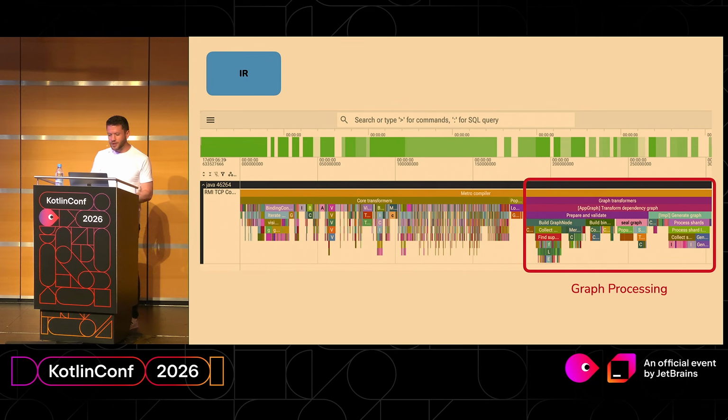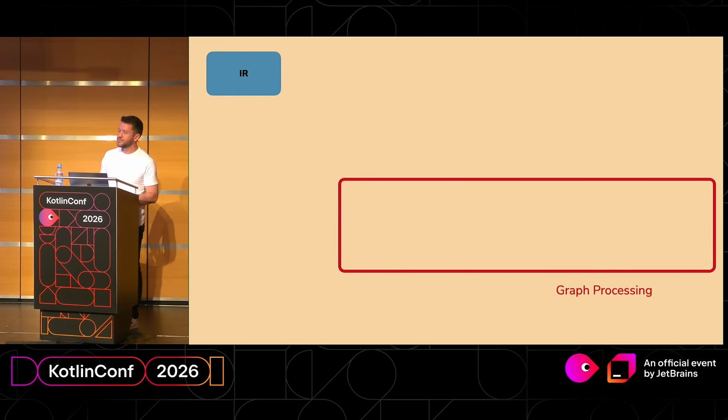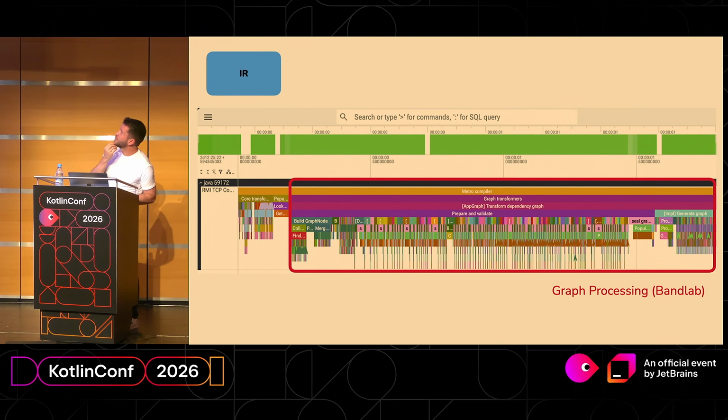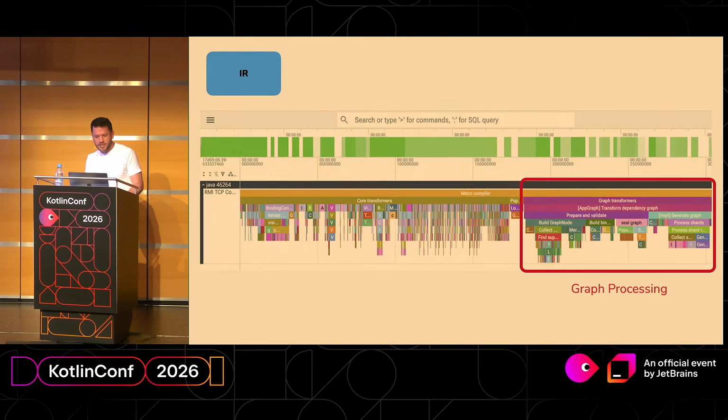But if you go into a big app, so this was generously sent to me by BandLab and used with their permission, there are like 1,000 modules in their project, and you'll see that graph processing absolutely dominates most of the work in here. This is also where all the deep validation Metro does that other tools don't, and where you get a lot of the value out of doing this compile time stuff. So let's dig into these phases.